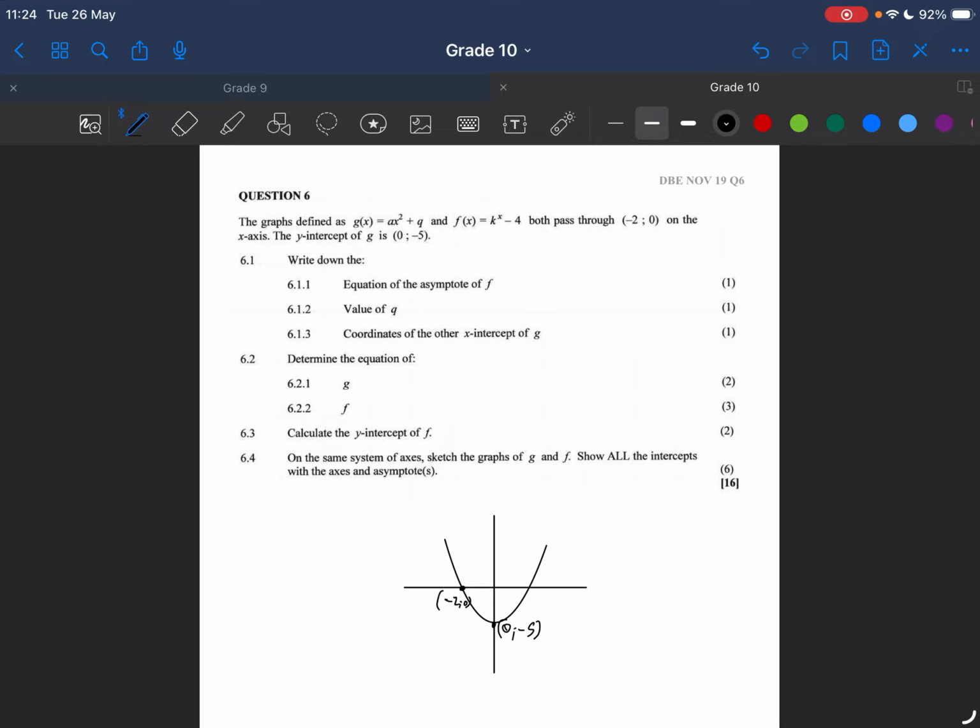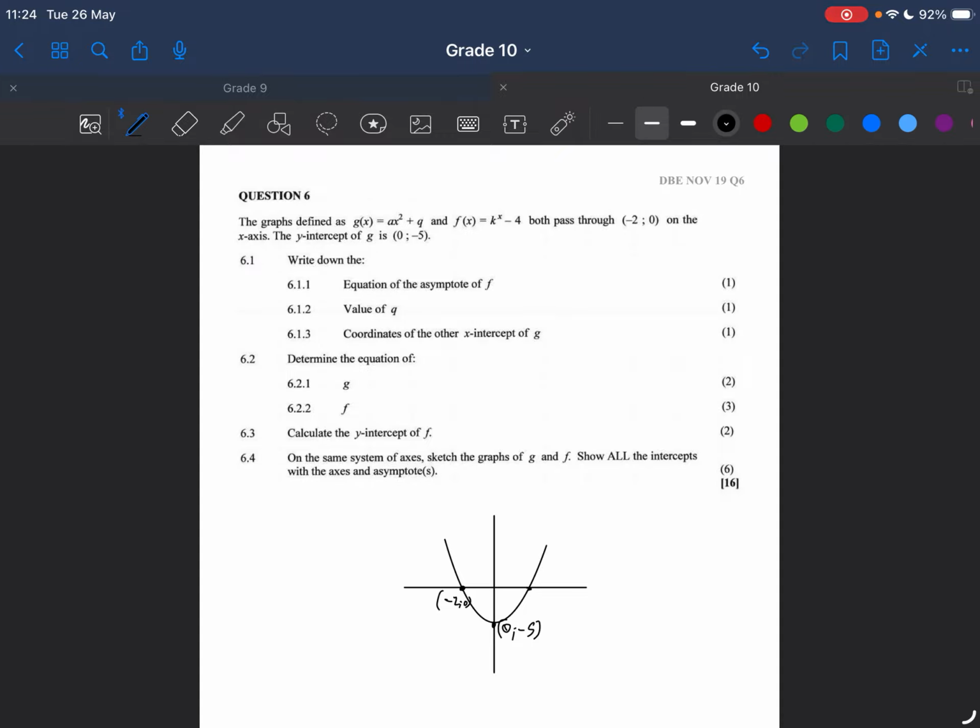Now, they are asking for the other x-intercept. So our other x-intercept is here. There's one x-intercept here and there's one here. Now in grade 10, because the graph hasn't moved left or right, it's only been moving up or down, the distance from your x-intercept to the origin will be the same on both sides. So if this is -2, then this is 2.